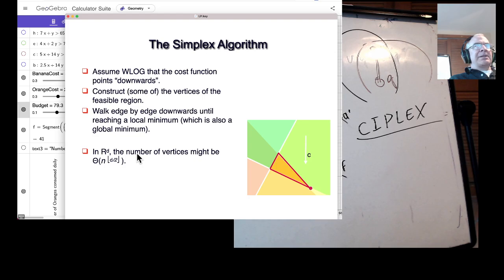Any noise that you add to the input, perturbing it a bit, and already the number of vertices will be under control. The simplex doesn't check all the vertices. It will start from one vertex, move to another one, and so on, all the way to the bottom, but it avoids checking most of them.